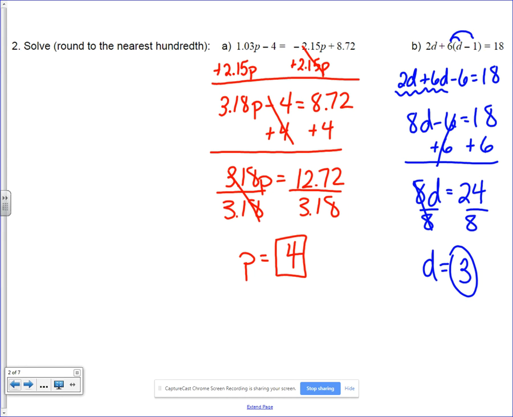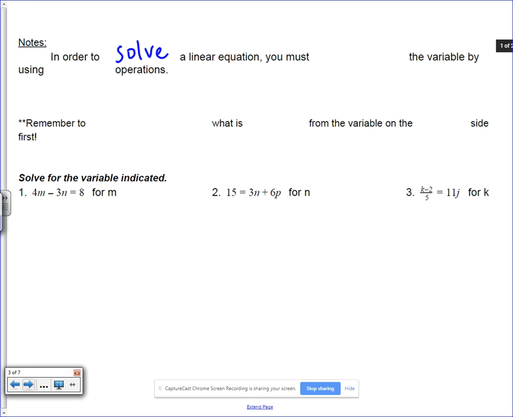You isolate the variable. And how do we do that? Reverse could fit in there. Opposite could fit in there. The mathy term is inverse operations, and that just means opposite.